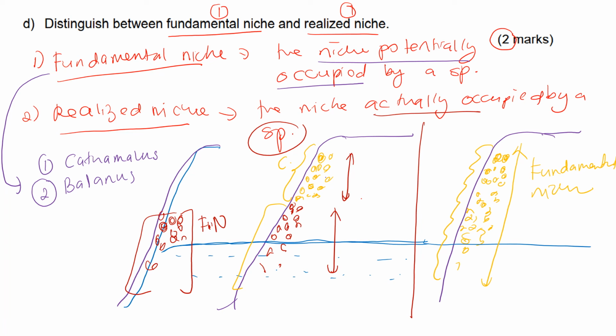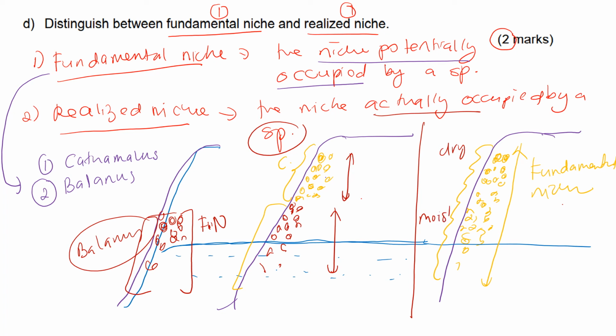So why is it different for Balanus and also for Catamalis for the fundamental niche of these two species? This is because Balanus can only survive in areas that have more moisture. As for Catamalis, it can survive in both areas. It can survive in the drier part of the rock and also in the part that has more moisture.